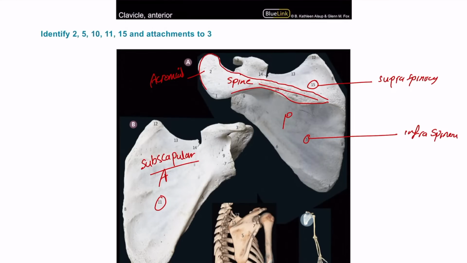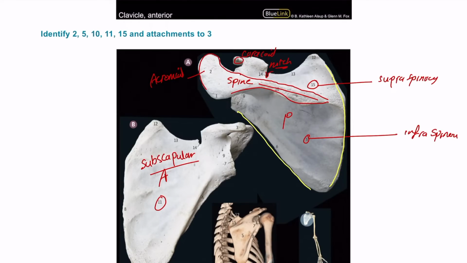In terms of the borders, number 8 is the medial border, and number 6 is the lateral border, and obviously this is the superior border. Number 14 is the suprascapular notch for the suprascapular nerve, and number 3 is the coracoid process.